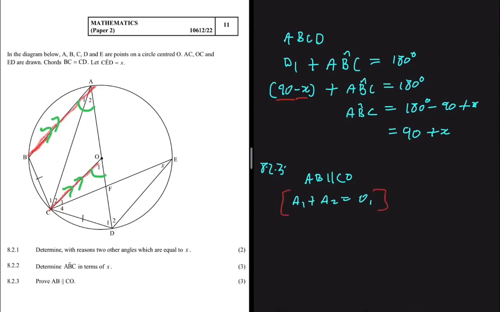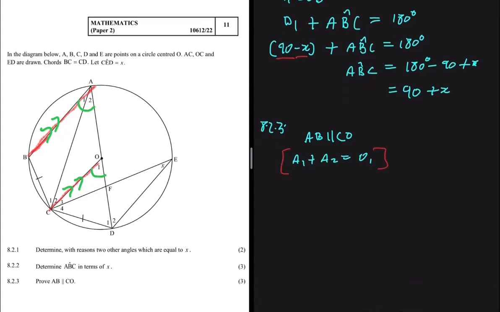So let's see what we can do here. We know that A1 is x and A2 is x, right? So A1 plus A2 should be equal to x plus x. So this is equal to 2x. So if we find a way to say that O1 is equal to 2x, then we are done with our problem, right?